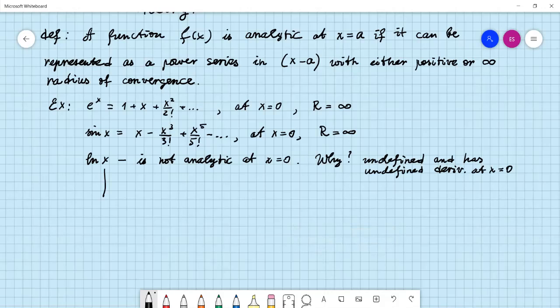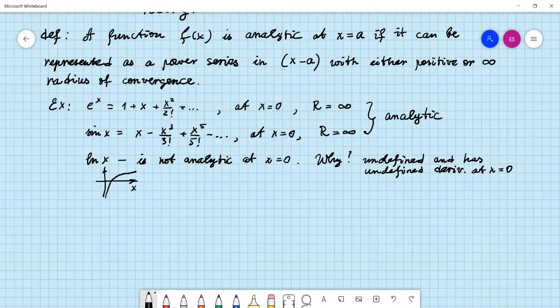Well, you probably remember that the logarithmic function looks like this. And at x equals 0, it goes to infinity. And it's kind of undefined over here, right? We don't have any ln of 0. And derivatives are also undefined. So this one is not analytic. And the first two are analytic. Analytic ones are good, non-analytic ones are not very good.